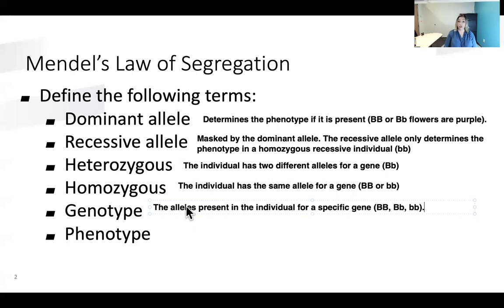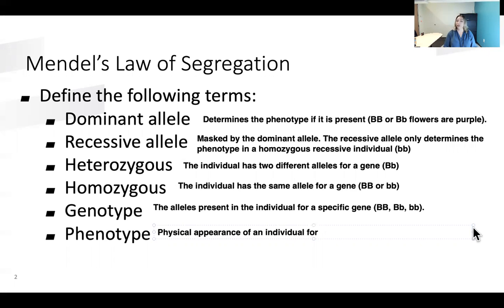Those are all genotypes. The phenotype is the physical appearance of an individual for a specific trait. Trait, gene, I kind of use them interchangeably, but trait would be like, you know, eye color.